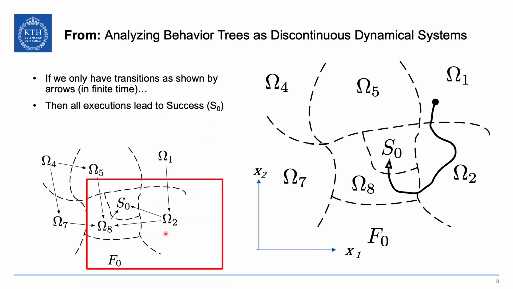But how can we guarantee that omega 2 only goes here or there? Basically, we need to make sure it doesn't go into the omega 1 region, and it doesn't go into the failure region. So we need to make sure that this set over here is invariant, that we don't move out of it in these directions. So again, invariant sets.